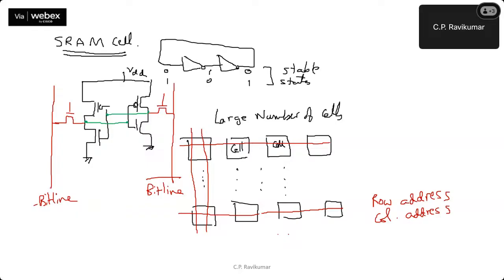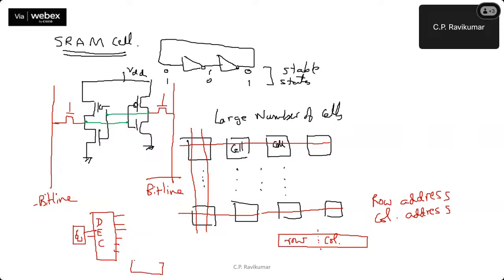So if the total address is whatever n bits or something like that, it can be divided into two parts: the row address part and the column address part. And there will be what are called row decoders. So there will be a row decoder which takes this row address and selects the particular row.